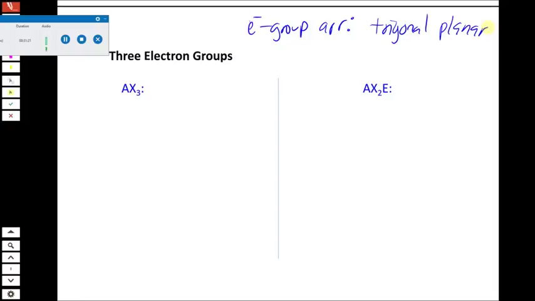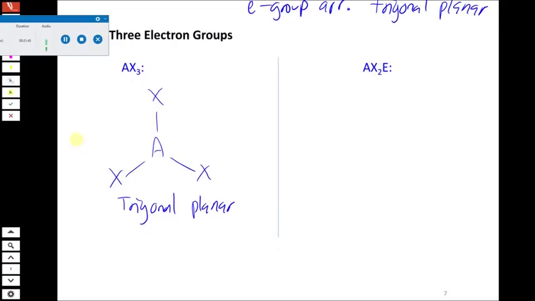So if we have an AX3 notation where all 3 of the electron groups are just atoms bonded to the central atom, that would look like this. We can still draw it flat, so it's pretty easy to draw. And again, in this situation where all of the electron groups are bonded atoms, the electron group arrangement and the molecular geometry have the same name, trigonal planar. That's going to always be true whenever you have no lone pairs on the central atom.